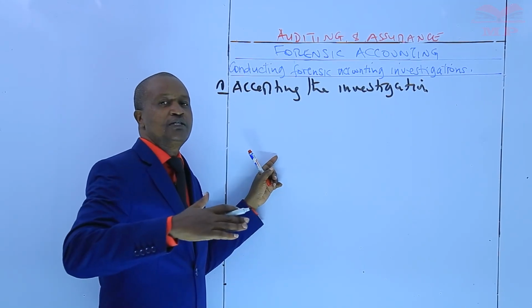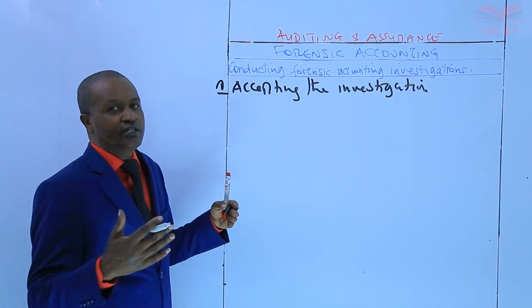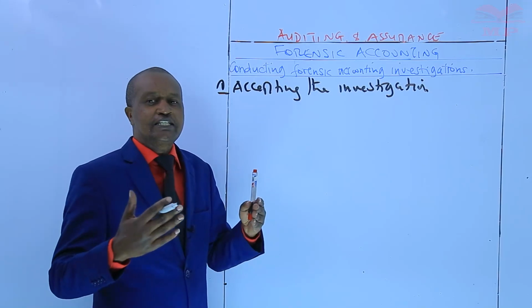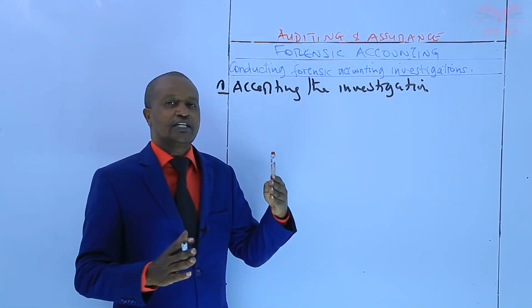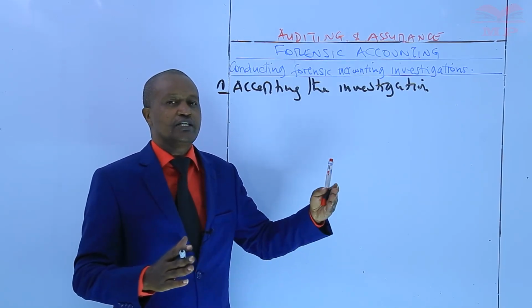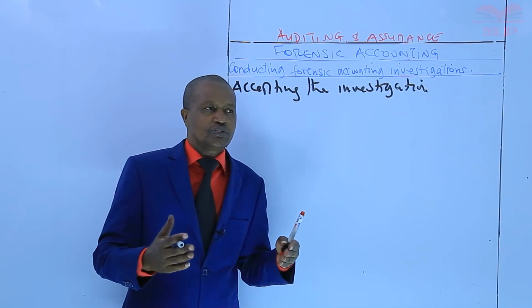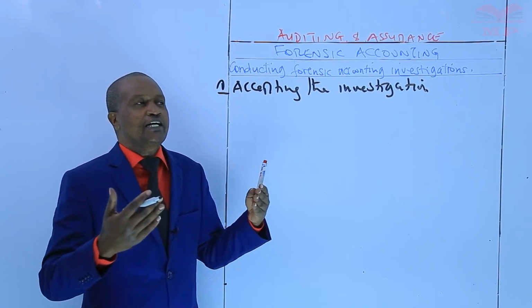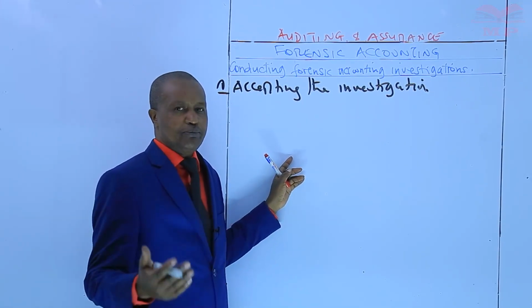Then the forensic accountant reviews the details of the case. After being invited to investigate a case, the accountant reviews the details of the case, including the nature of allegations, the scope of the investigation, and any other specific objectives or requirements.